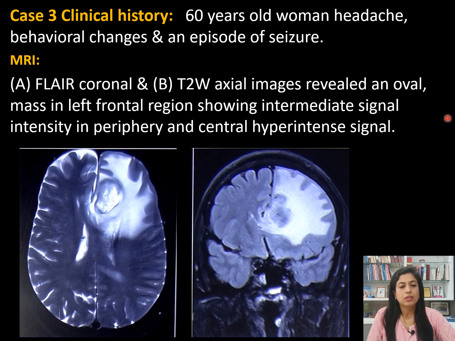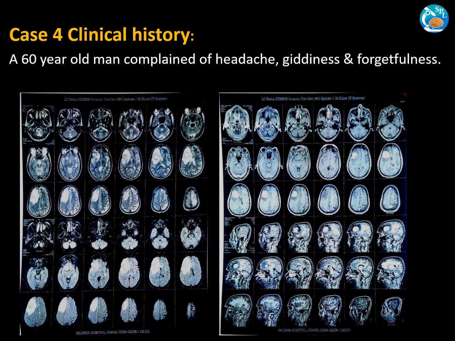Now, the third case is a 60-year-old lady who had headache, behavioral changes, and an episode of seizure. Her MRI revealed an oval mass in the left frontal region, which had intermediate signal intensity in the periphery and central hyperintense signal. Case 4 is a 60-year-old man who complained of headache, giddiness, and forgetfulness.